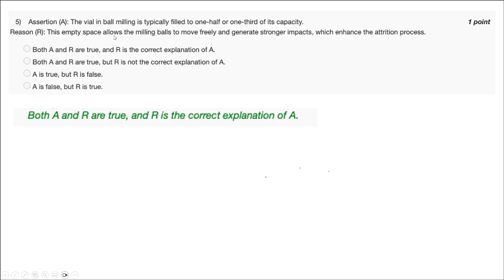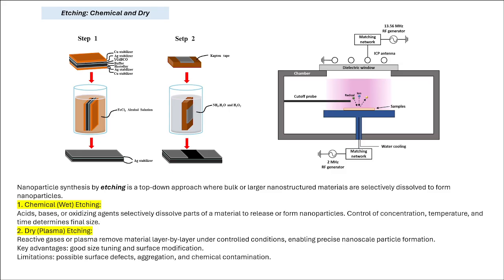The reason is this empty space allows milling balls to move freely and generate stronger impacts, which enhances the attrition process. Obviously both of these points are correct, because if there wasn't much space, these milling balls wouldn't be able to move freely and generate the kind of impact that is necessary for the formation of these nanoparticles.